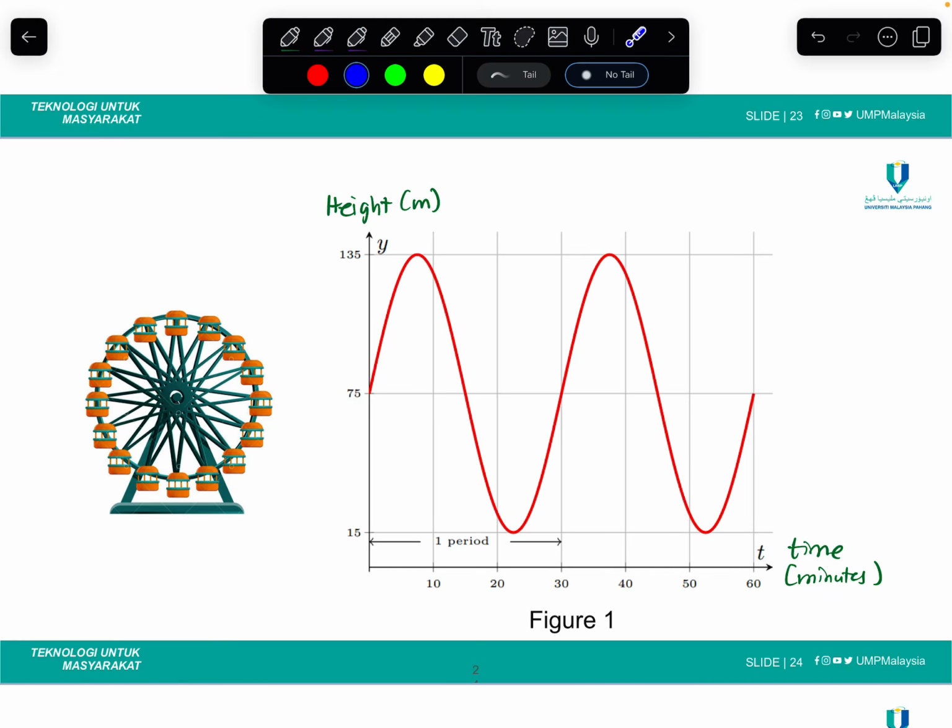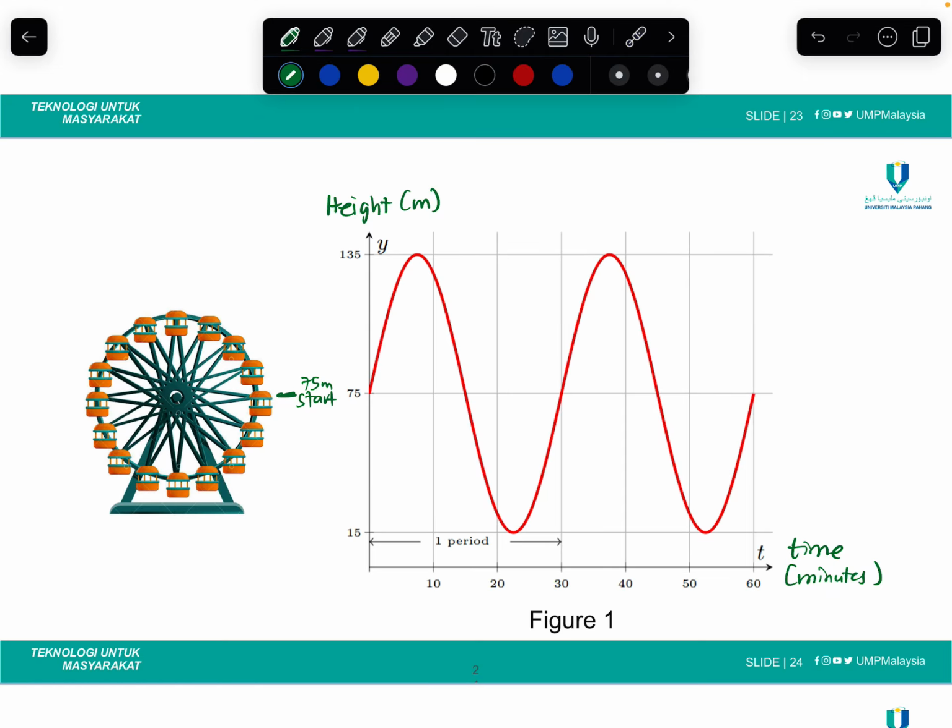At first, let's look at this graph. At first, the height of Miss Laila is 75 meters. So we can understand this: the starting point of Miss Laila is here, 75 meters.